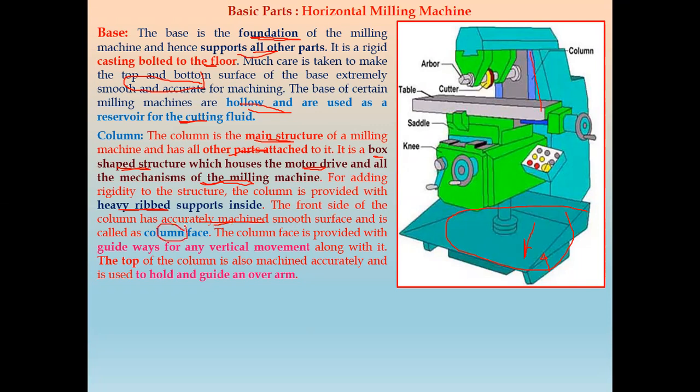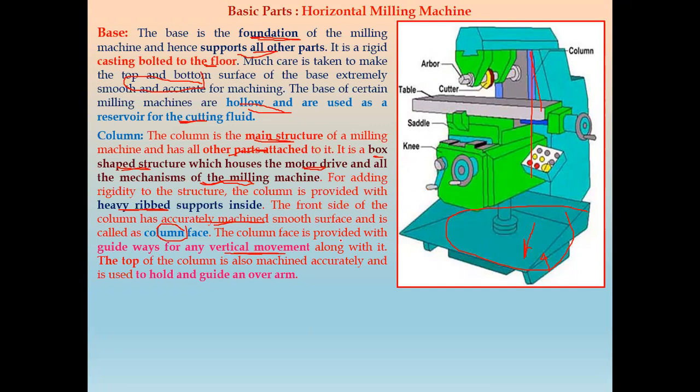The column face is provided with a guide way. So movement takes place along this guide way. That column face is provided with the guide way for any vertical movement along it.